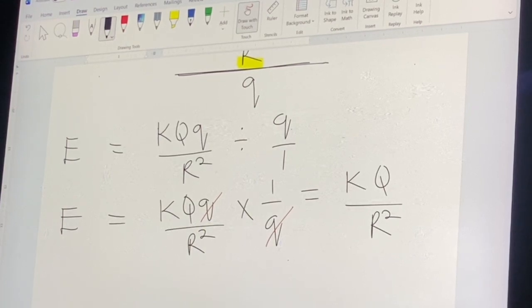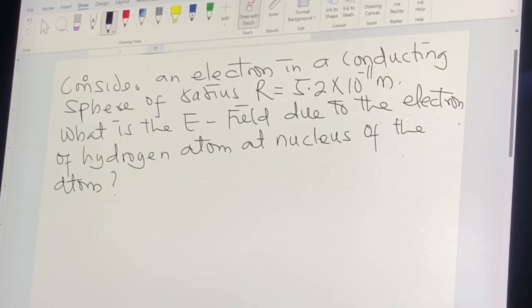Okay, so let's consider a question here to perfect this particular formula. Please write question 1. Consider an electron in a conducting sphere of radius r equal to 5.2 times 10 to the power minus 11 meters.